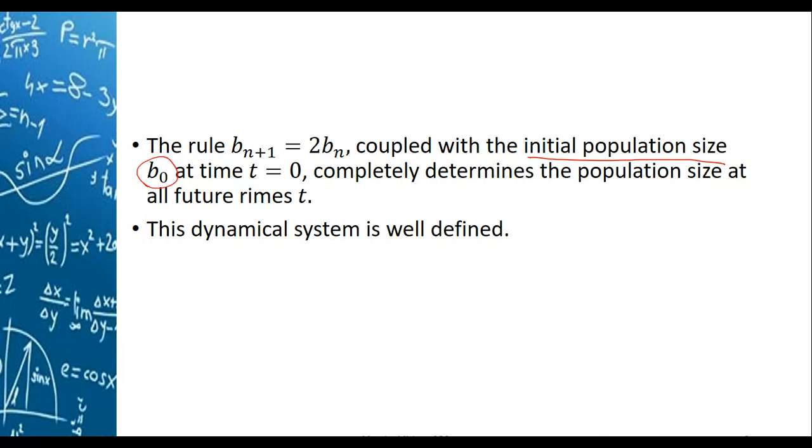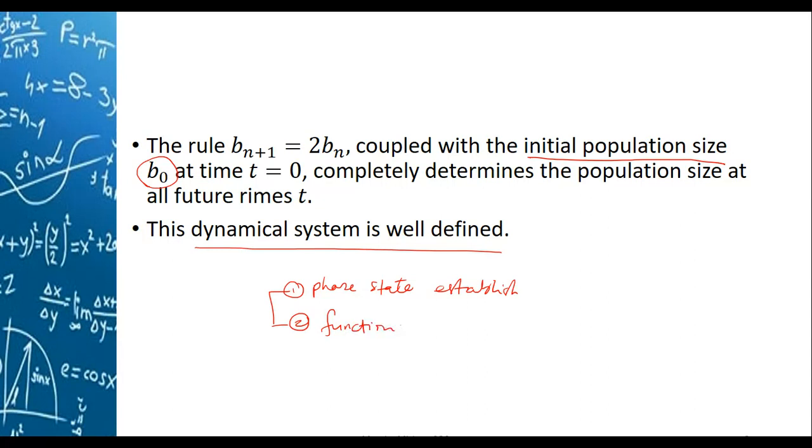When we say a dynamical system is well defined, it means that first your phase state is already established, in this case in the form of a function, and your function is also established.